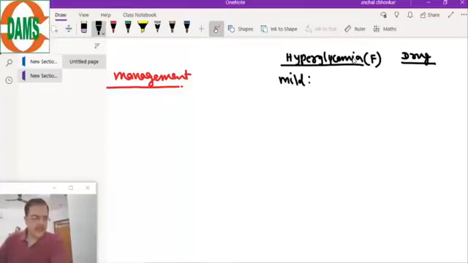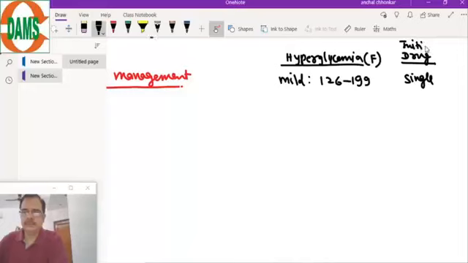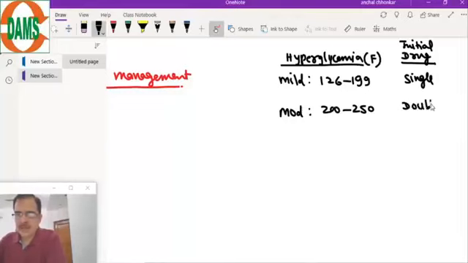Okay, so the fasting value, if the fasting value is 126 to 199, then we start with a single drug. If it is a moderate hyperglycemia, like 200 to 250, we will start with double agents.